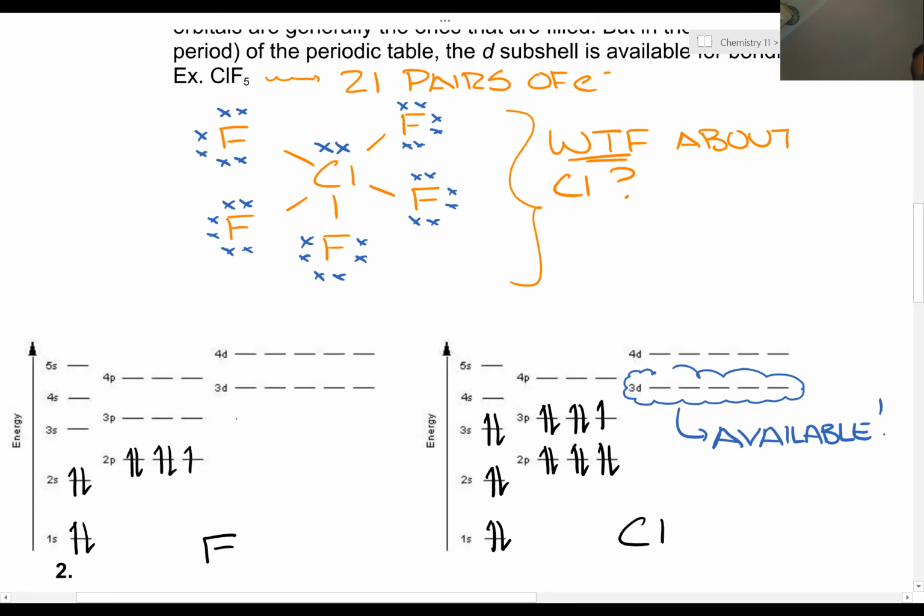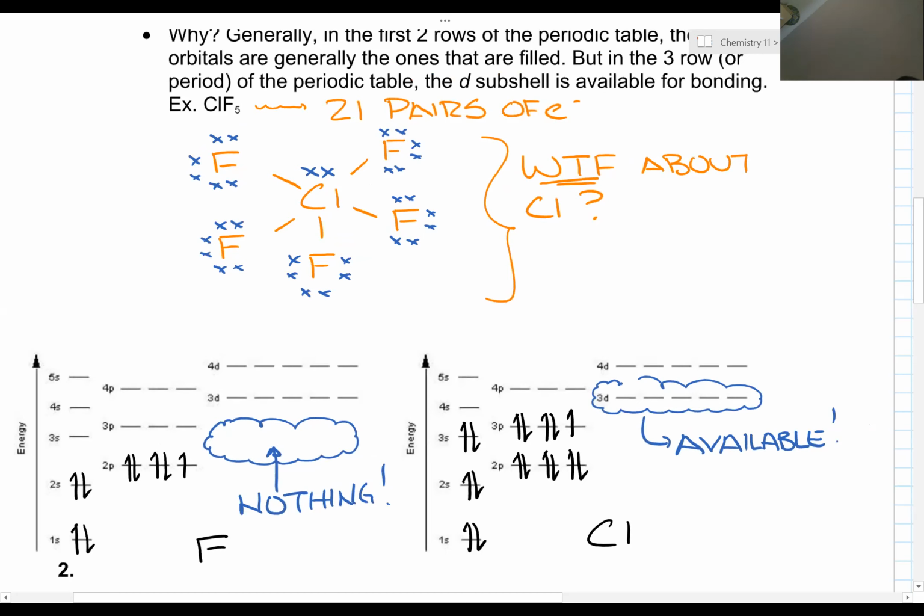Okay, here, there is no 2p, 2d orbital. There's nothing. And so this is why for chlorine, if it is the central atom, and the key thing is that it's the central atom, it can have more than 8 electrons because of the fact that it has a 3d orbital.